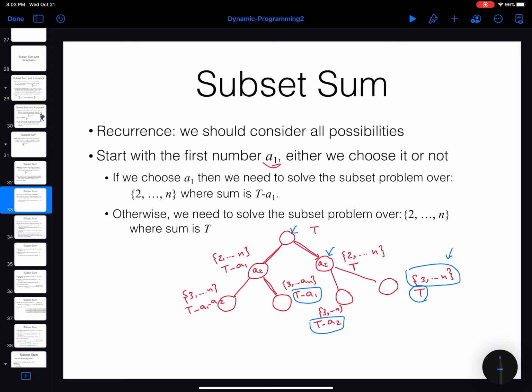But I can define some structure over these two different parameters that I have. The first thing is that instead of thinking about all subsets of the items, I have n items, right? If you think about all subsets, it is going to be 2 power n. I don't want to go that way.